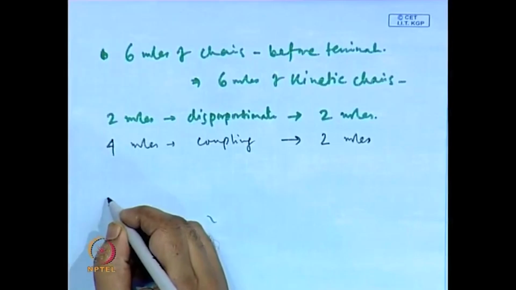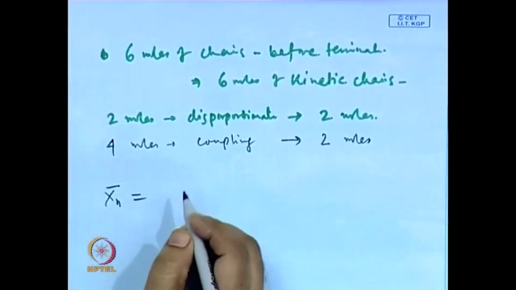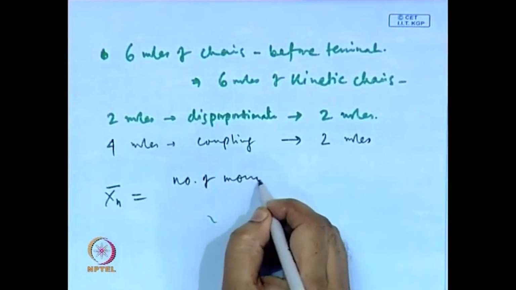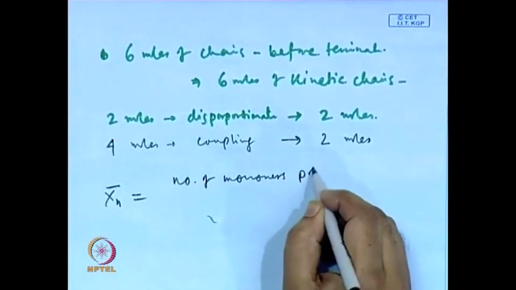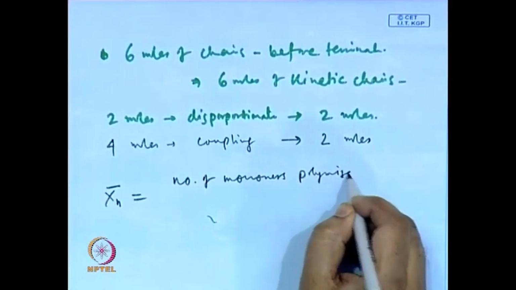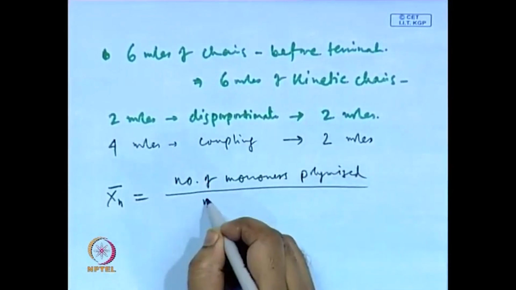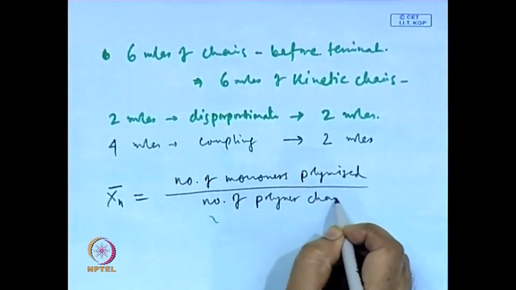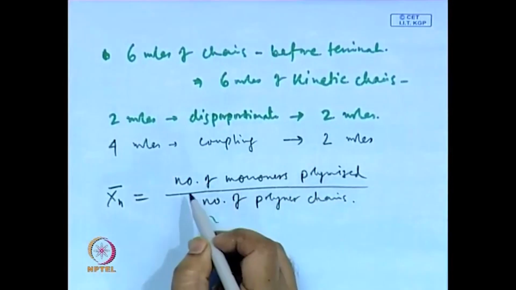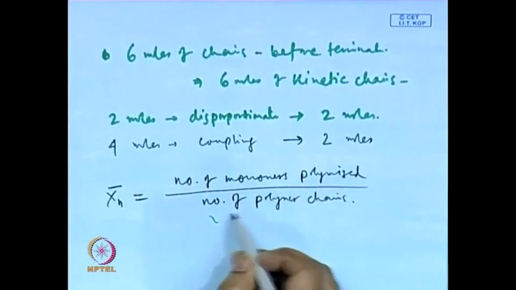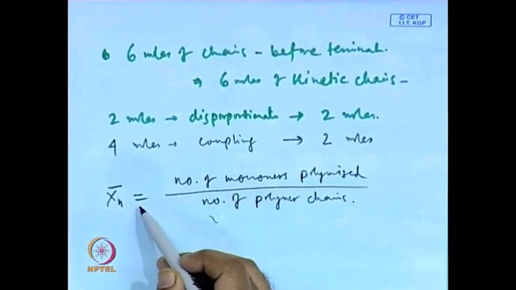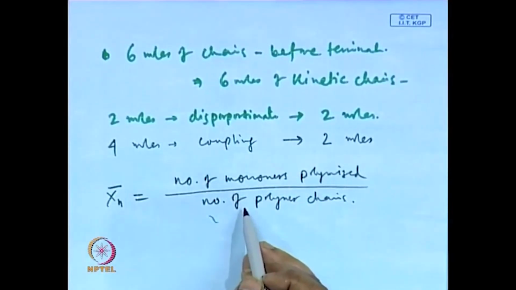So, what is the average degree of polymerization? Number of monomers polymerized divided by number of polymer chains, because this is the total number of monomers polymerized and this is the number of chains formed. So, that will give the average number of monomers present in a single chain.